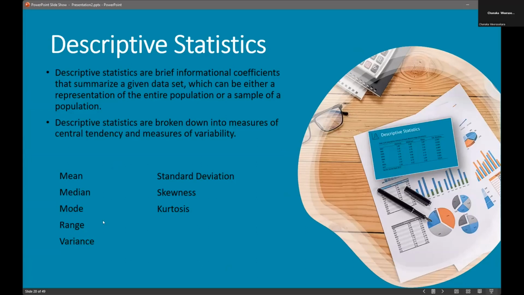I have mentioned several measurements like mean, median, mode, range, variance, standard deviation, skewness. All these measurements you can use to describe the data that you have collected, right?